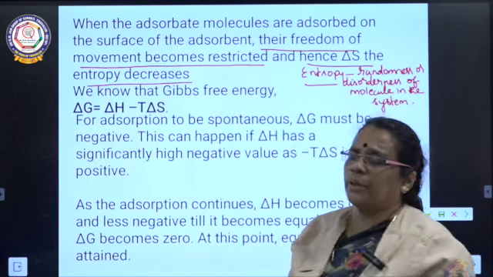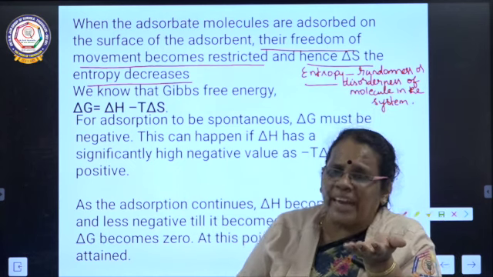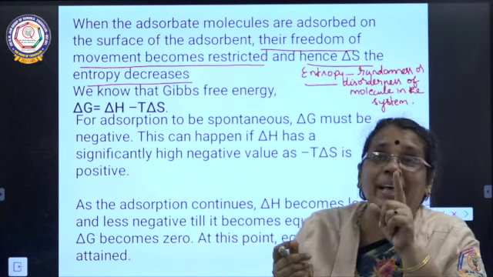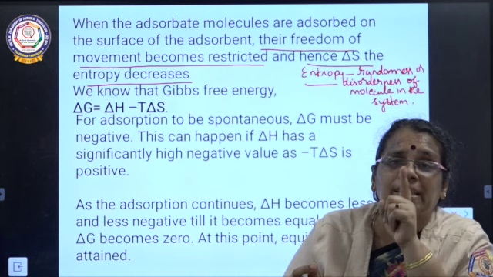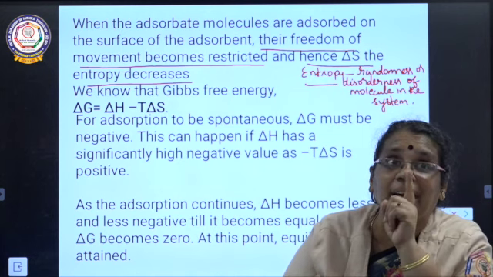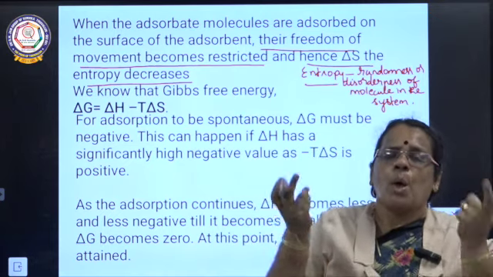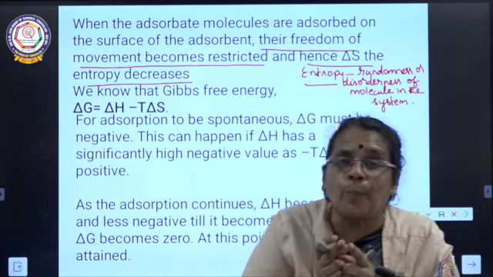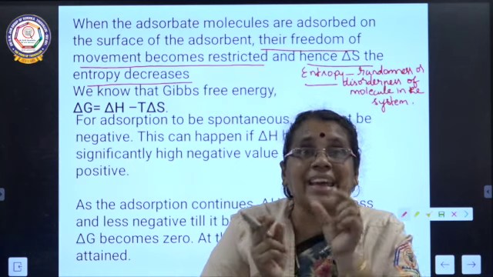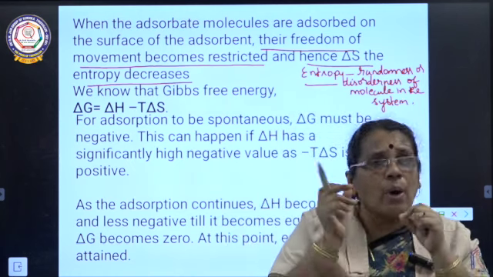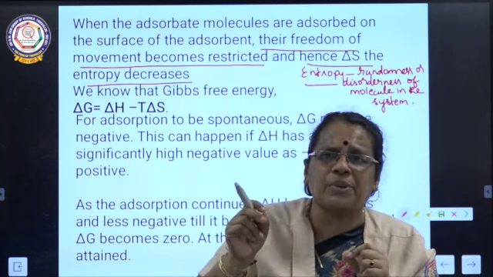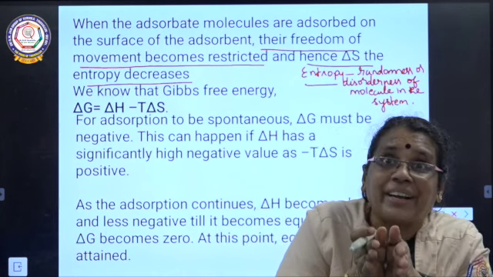So what is happening to the entropy, which is nothing but disorderliness? The molecules in a system are not orderly arranged, they are disorderly arranged. So when adsorption is taking place, what is happening to entropy, that is delta S, the change in entropy? During adsorption, the movement of the particles is restricted.